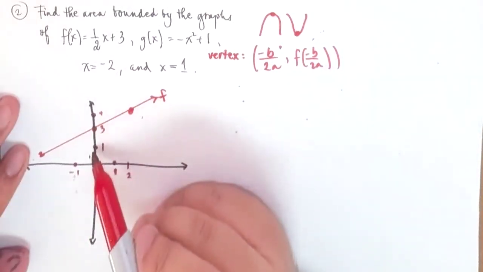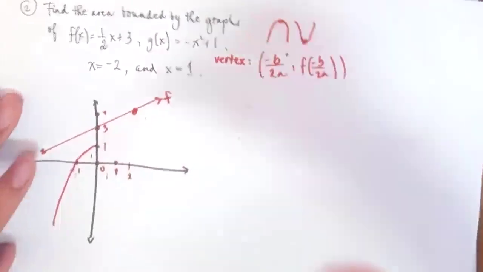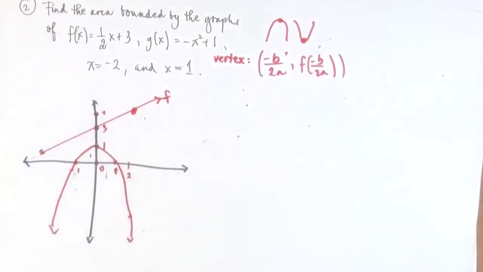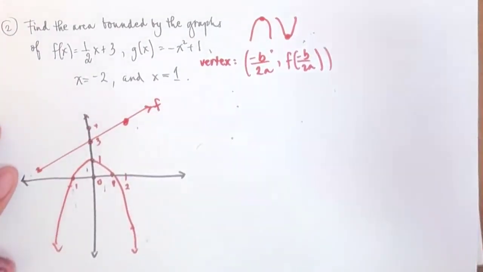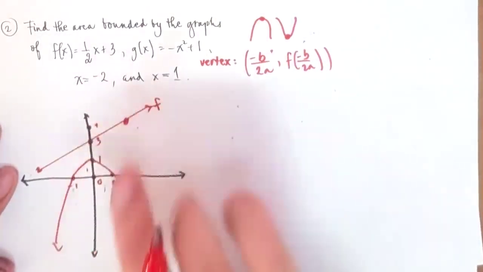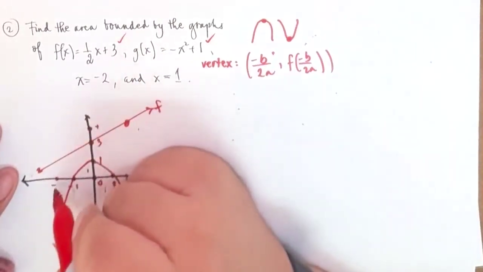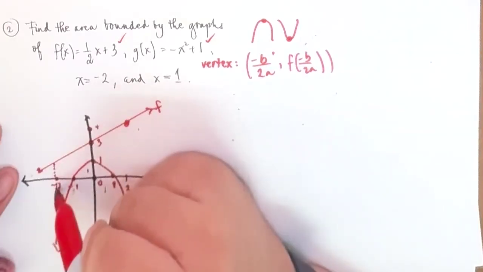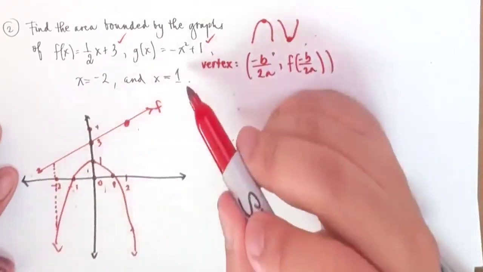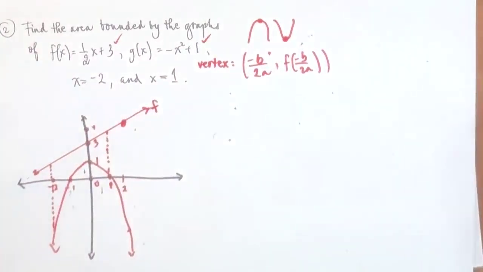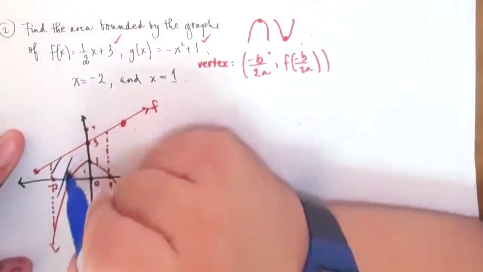And if we graph the parabola, it looks like this. So x equals negative 2, somewhere here, and x equals 1, somewhere here. And so the final area that we're looking at is this.